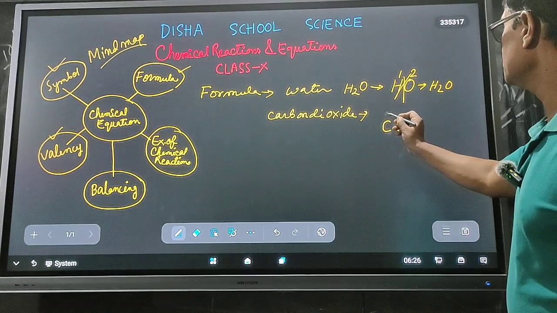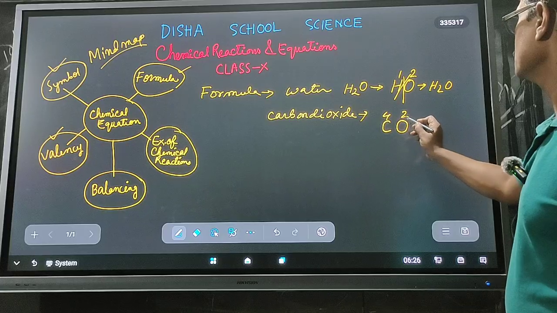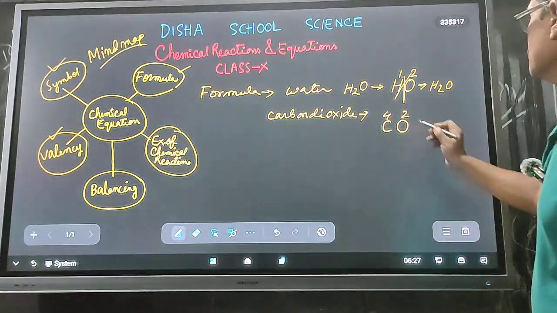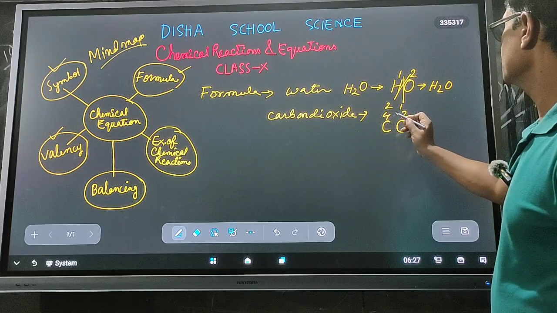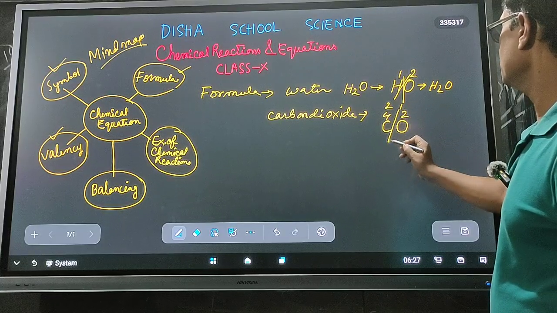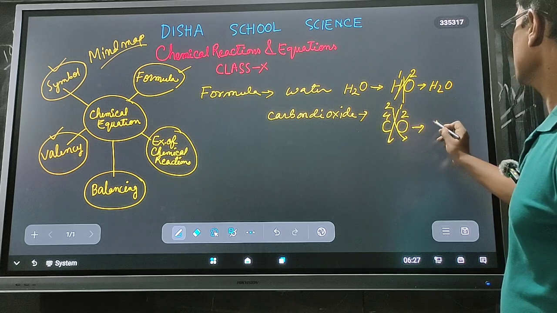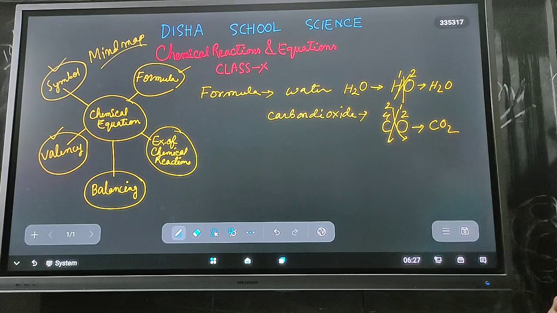Then what is the valency of carbon? 4. What is the valency of oxygen? 2. So there is a common factor. It should be the simplest ratio. By this 2 you divide, 2 to the 4, 1 to 2. So ultimately this 1 will be below carbon, 2 will be below oxygen, ultimately CO2. So like this we write formula.